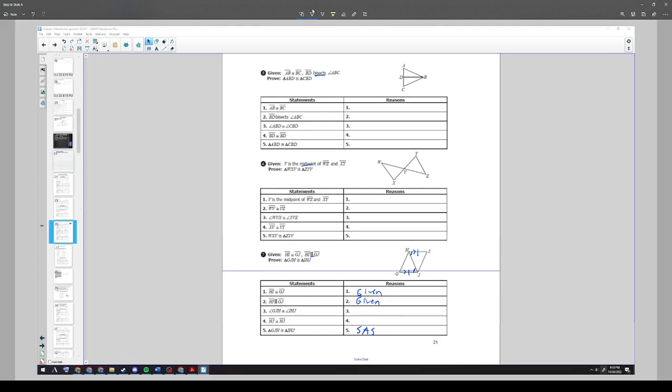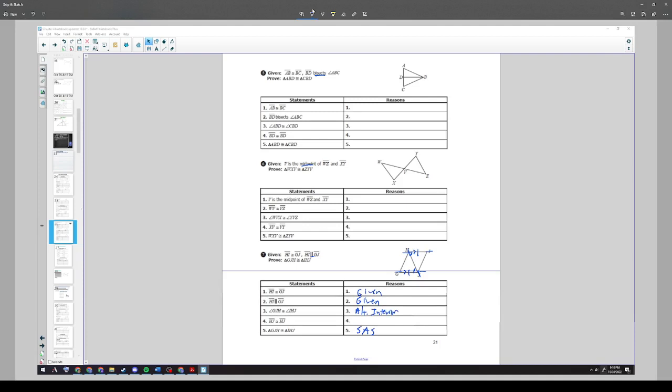When we have parallel lines and a transversal, I like to extend those parallel lines a little bit so that I can see my transversal that cuts across those two angles, and I'll extend it just a little bit as well. That way I can see my 8 angles. These two are alternate interior angles, so that's what's going to justify this. Alternate interior.